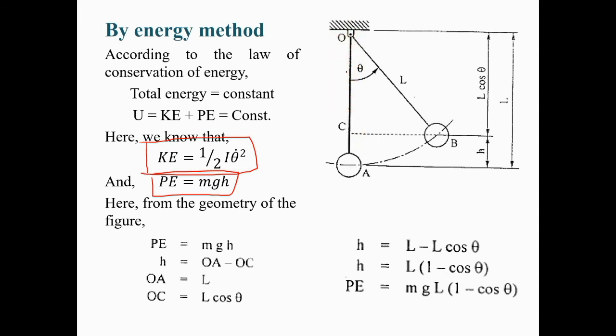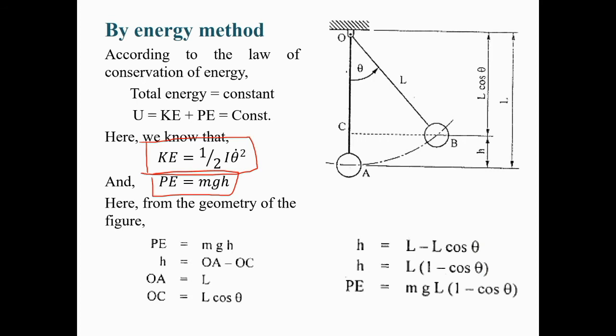So now h, that is the elevated height during the displacement of the system through the angle theta, could be given by capital L minus L cos theta. So ultimately h could be given as L into 1 minus cos theta.